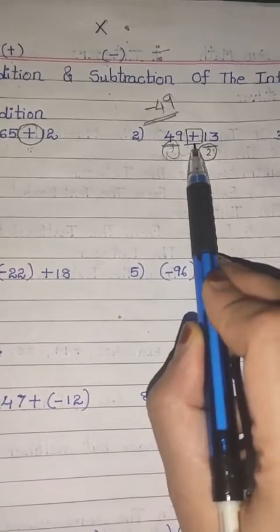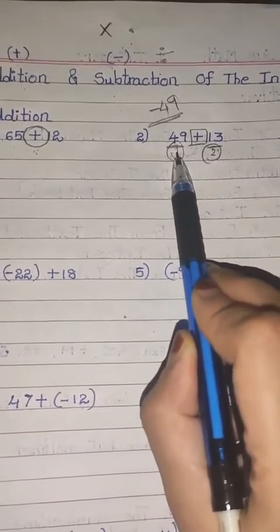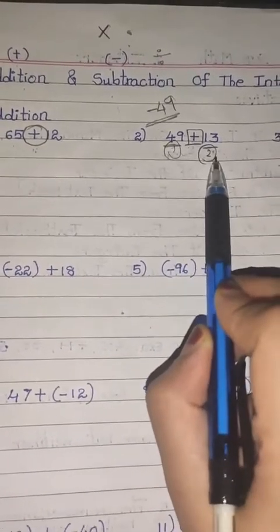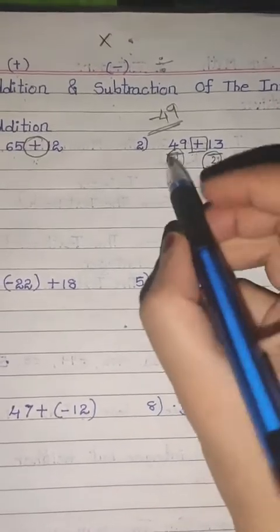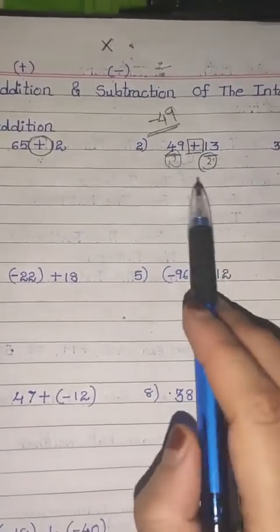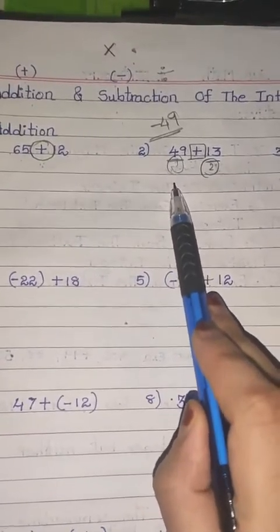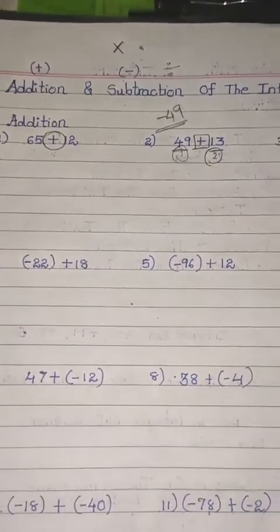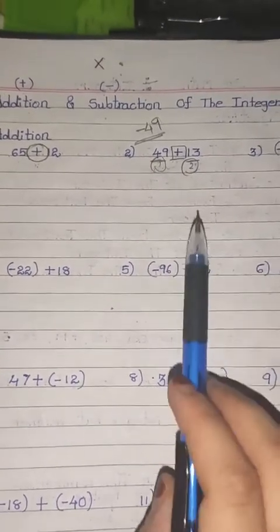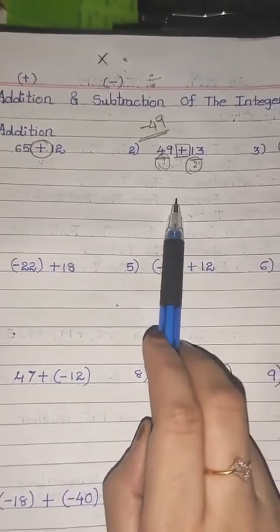If there is plus sign, it means you are going to add both the numbers. So this is your first type of sum in which you are going to add a positive integer with a positive integer. So first we will do this type of sum.